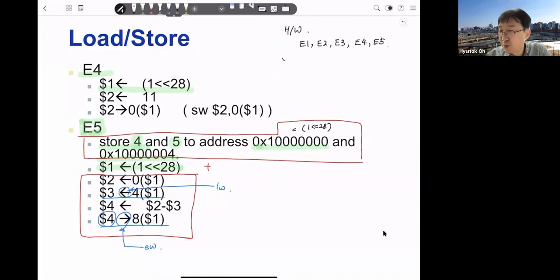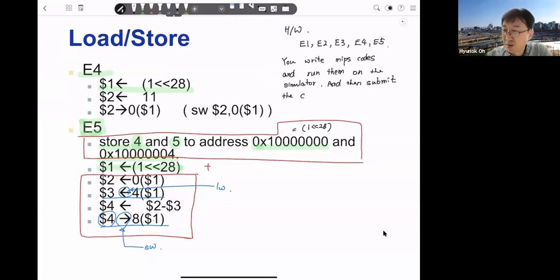You have to write the code and run them on the simulator, and then submit the code and a screen capture of the simulator.